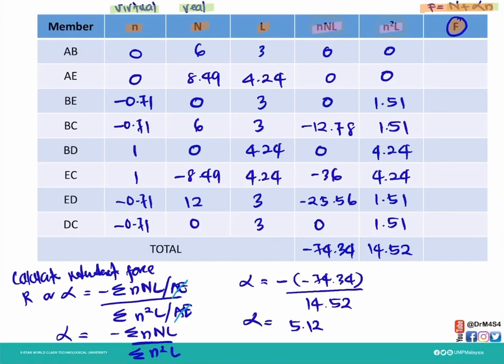So what we get for the first one, we calculate value for F, we have 6. So 6 means that's positive and it is tension. So calculate the next one for AE, we get 8.49, also tension. Calculate for BE, we get negative 3.63. So this one is compression.